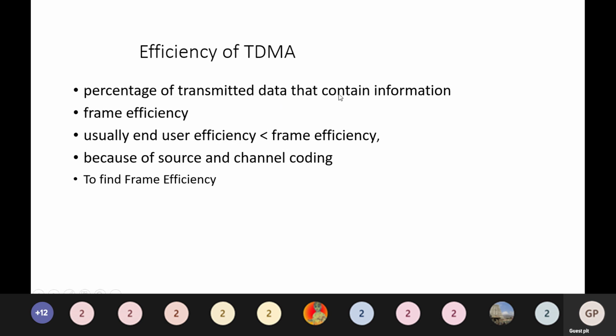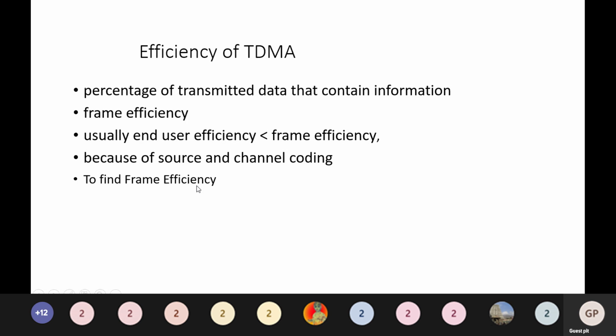So a percentage of the transmitted data contains information. You can analyze that using frame efficiency. Usually end user efficiency is less than the frame efficiency because of source and channel coding.